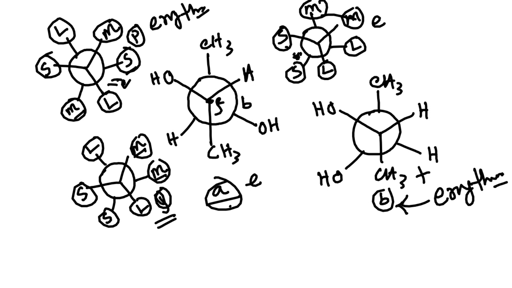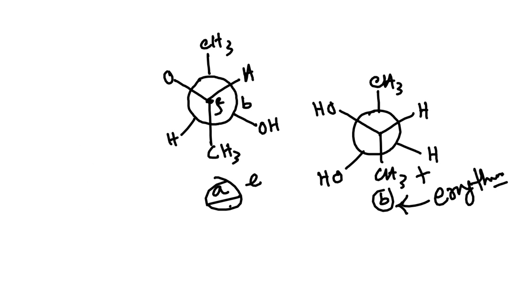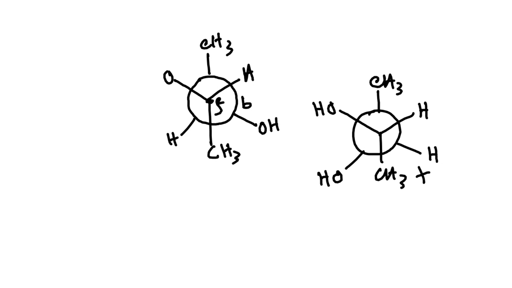So you will see that this threo erythro nomenclature, this classification, it will help us to interconvert between one structure to another. How it will help us, we will see shortly. Now, this is about the Newman projection formula. Let us draw the same molecule in the.